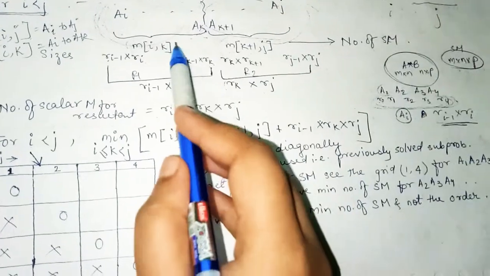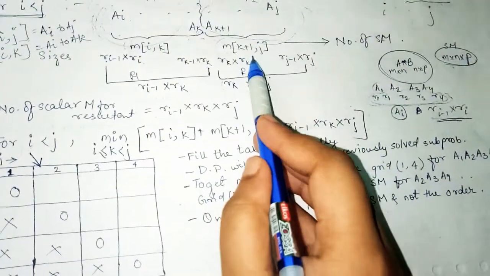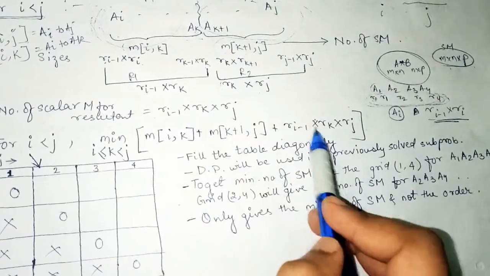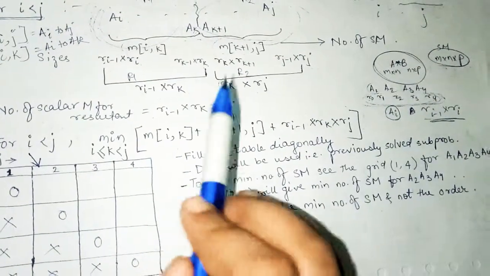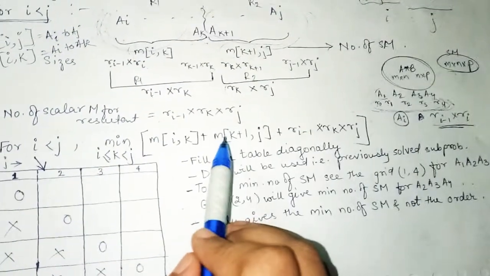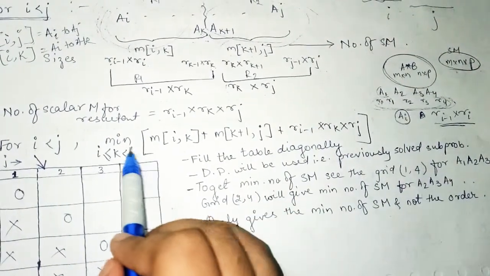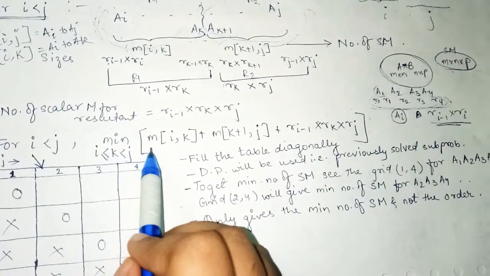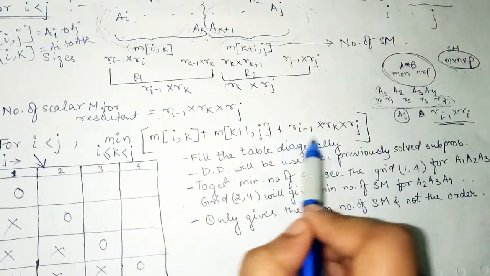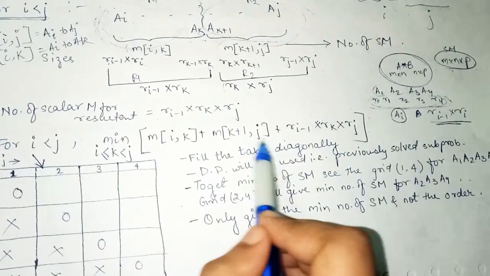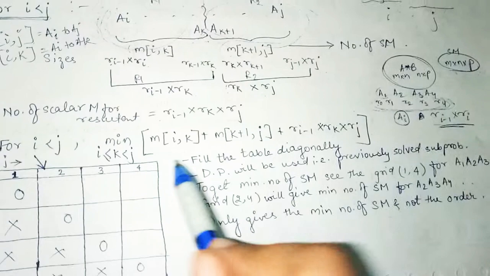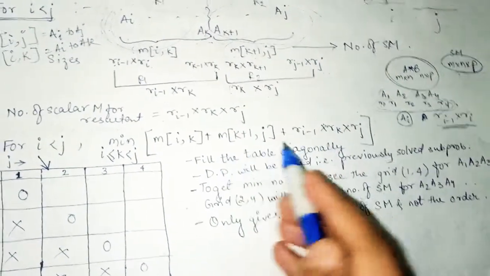So this term is there, this term is there, and then this term is there. We have to find the minimum number of scalar multiplications, so we have to find for which value of k we get the minimum total of these three things.